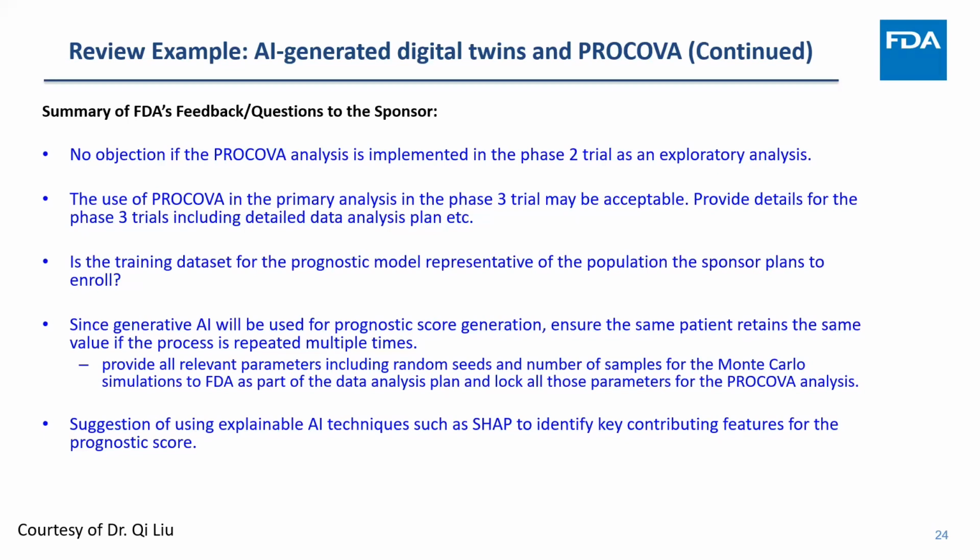So we want to make sure we have everything fixed. Otherwise, they can cherry pick, right? They can repeat multiple times and get a better prognostic score, and then do the covariate adjustment to inflate the type 1 error, right? So we want to make sure everything is deterministic with a fixed seed.